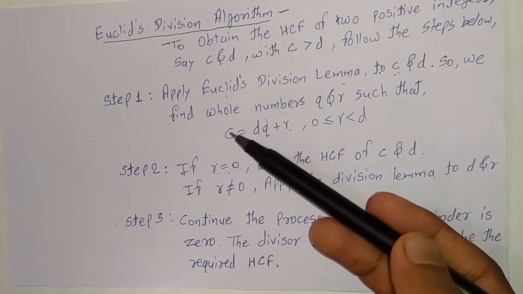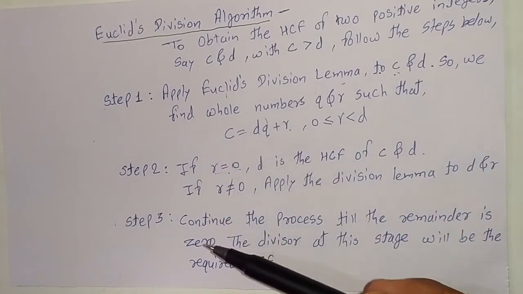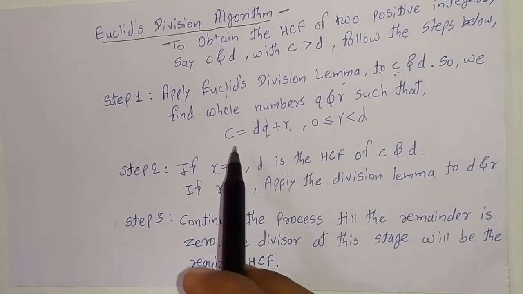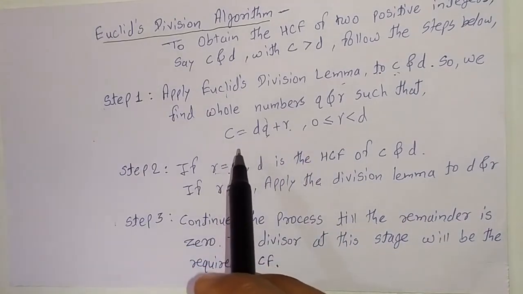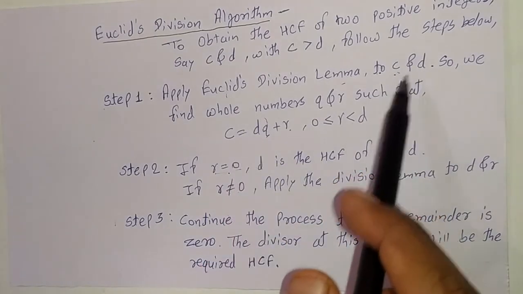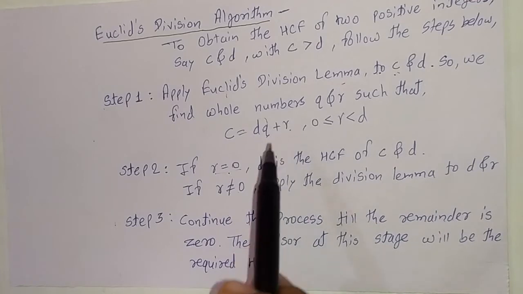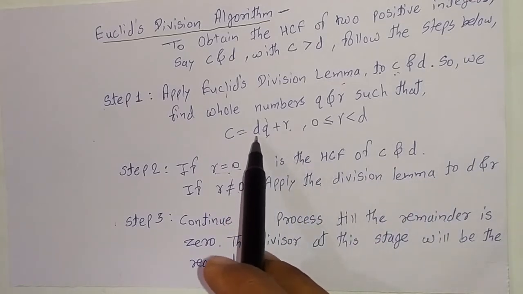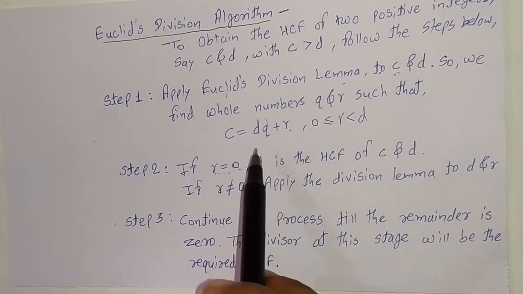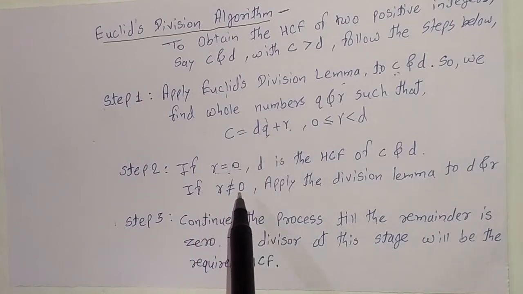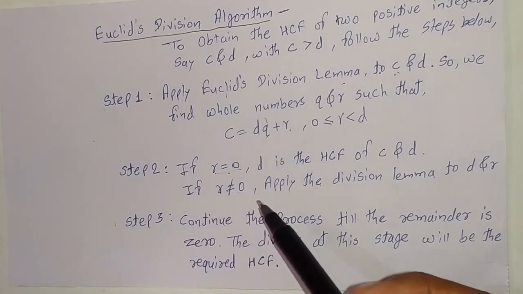So these are the three steps in which we apply Euclid's division algorithm. First, apply Euclid's division lemma to the given two numbers. If the remainder is not 0, then in the second step Euclid's division lemma is applied to the divisor and the remainder, not the dividend: the divisor becomes the dividend and the remainder becomes the divisor.